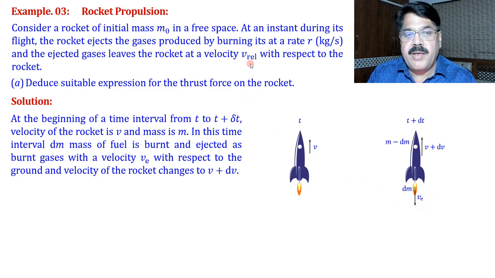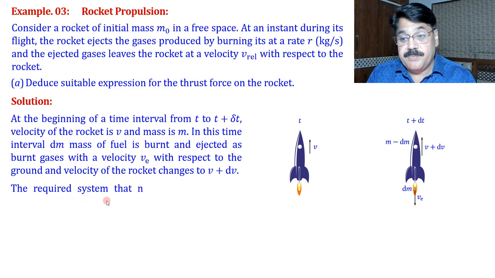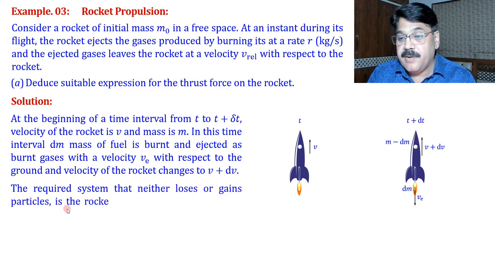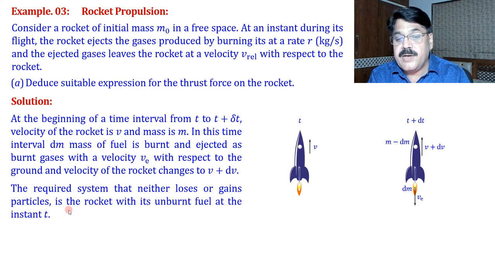Actually, I'm writing v relative here because we want to write the impulse momentum principle. So we have to write momenta of each and every constituent part with respect to ground, or the free space. The required system that neither loses nor gains particles is the rocket with its unburned fuel at the instant t.